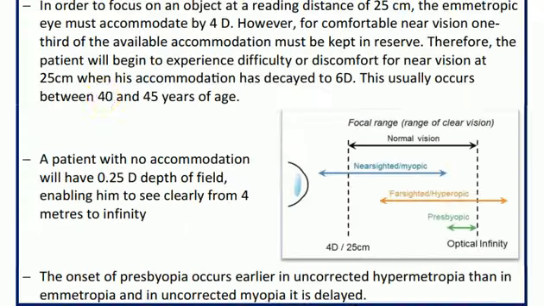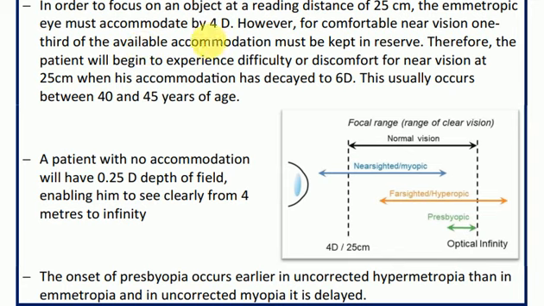Now, in order to focus on an object at a reading distance of 25 centimeter, the emmetropic eye must accommodate by 4 diopter. However, for comfortable near vision, 1/3 of the available accommodation must be kept in reserve.